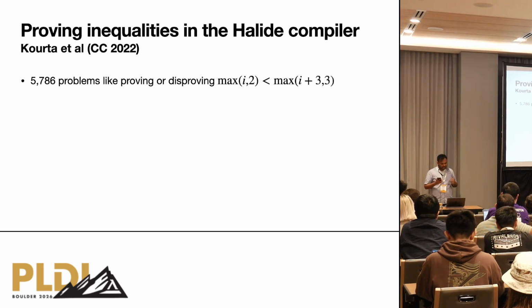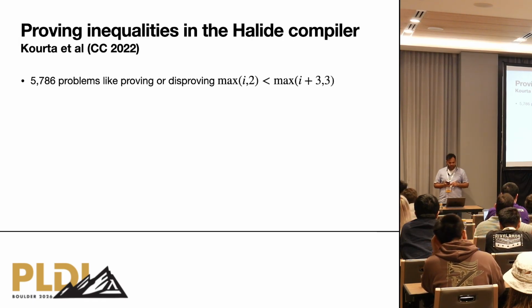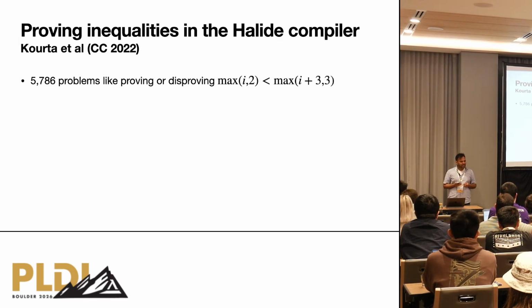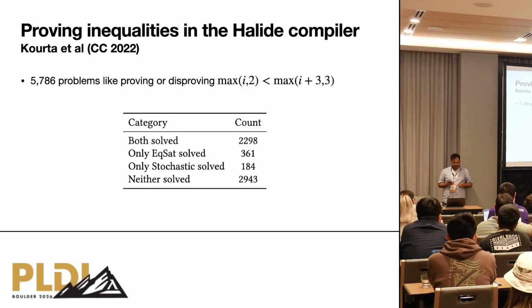So our last benchmark is from a CC paper of 2022, and this paper uses equality saturation to prove inequalities inside the Halide compiler. Okay, and so now we have about 6,000 problems, such as proving that max of I, 2 is less than max of I plus 3, 3. Here are the results.